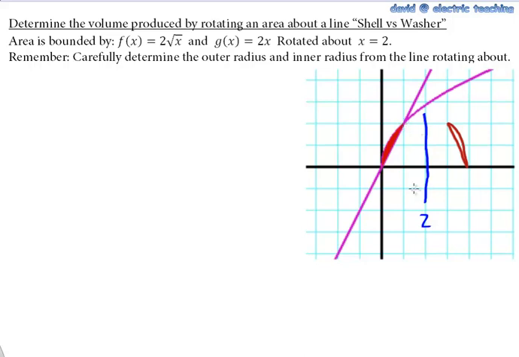If I rotated it about this line, this object would spin around and create these circles, which I'm going to draw as ellipses in the sense that we are looking at a 3D object from a perspective.